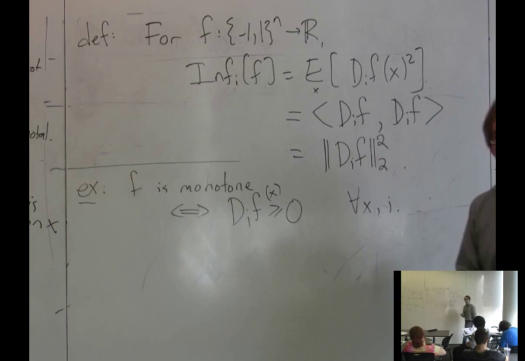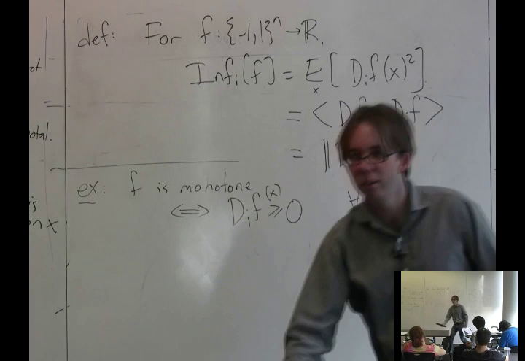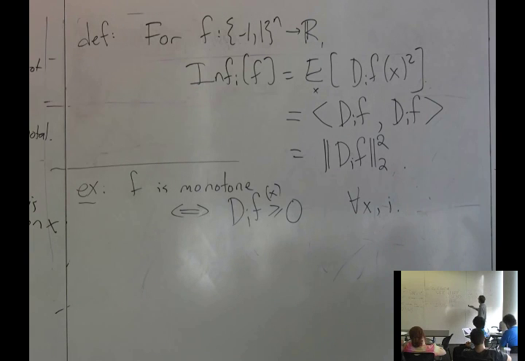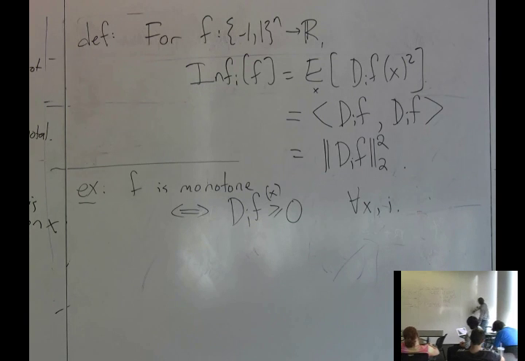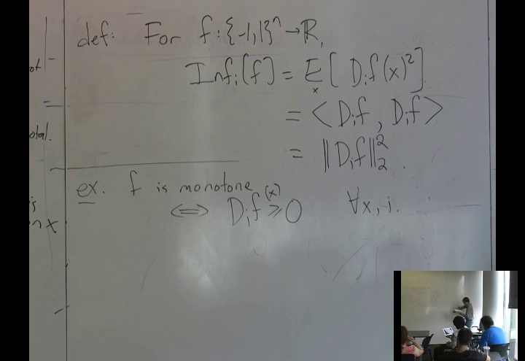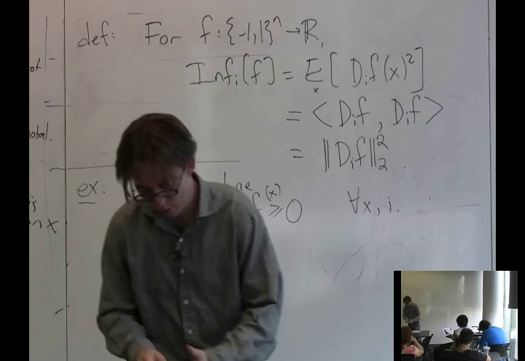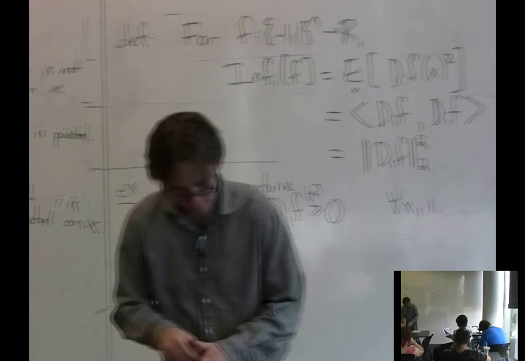So it's just like in calculus: a function is monotone increasing if its derivative is always non-negative. But that's not the real reason we call it the derivative. The real reason is as follows.